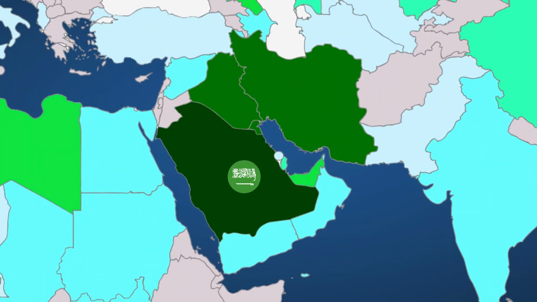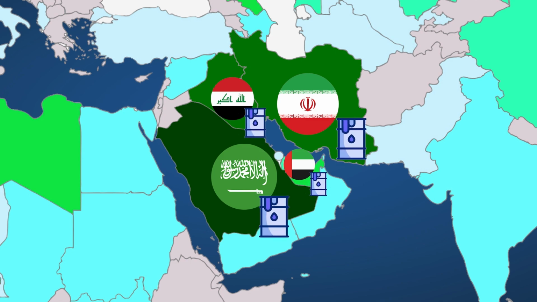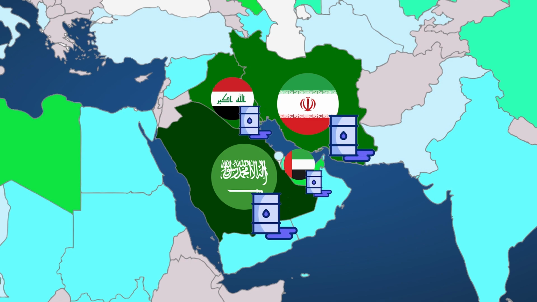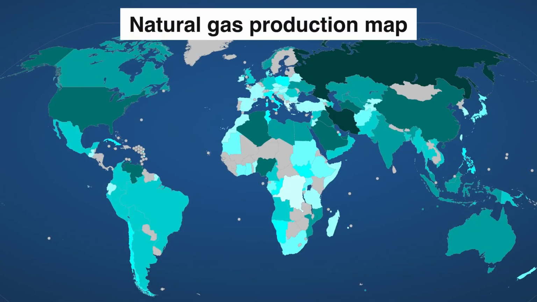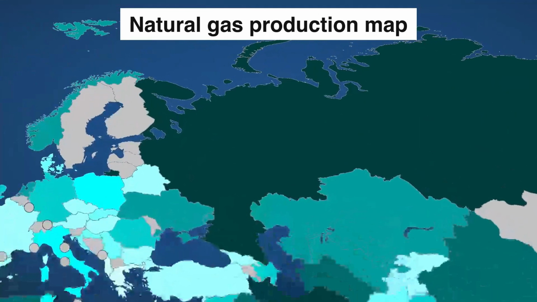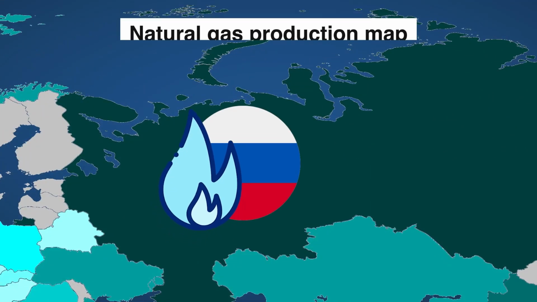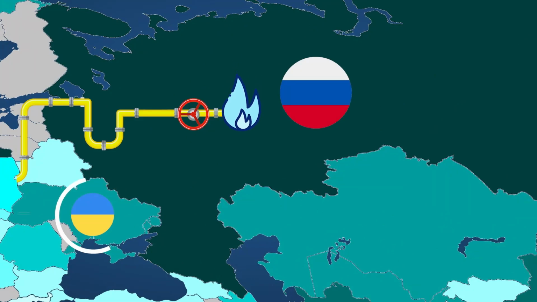The Middle East is a major source of oil, and at times of conflict or risk of conflict in that region, oil prices can be greatly affected. Russia, for example, is a major supplier of gas. At the time of the Ukraine conflict, sanctions were placed upon Russia, which affected supply and in turn affected the price of gas.